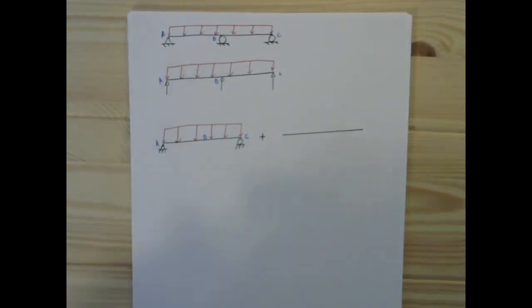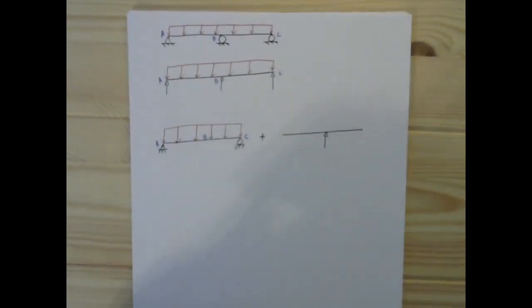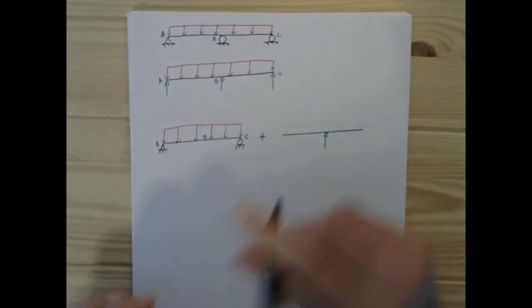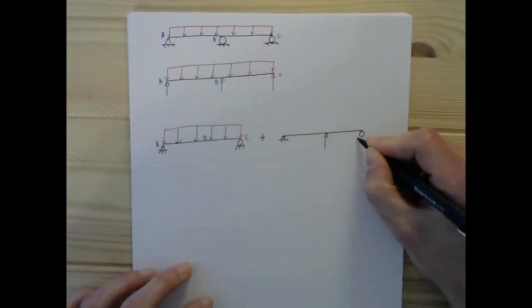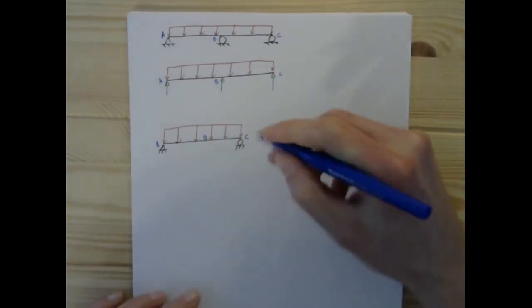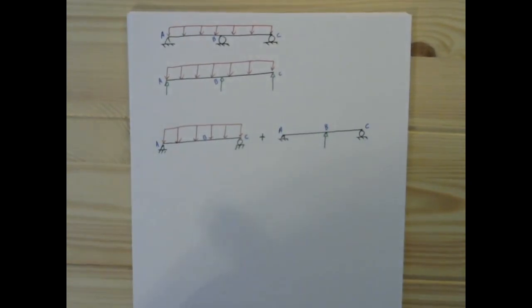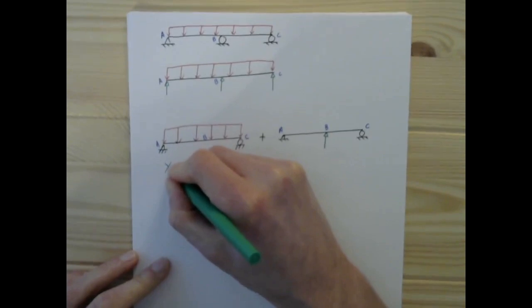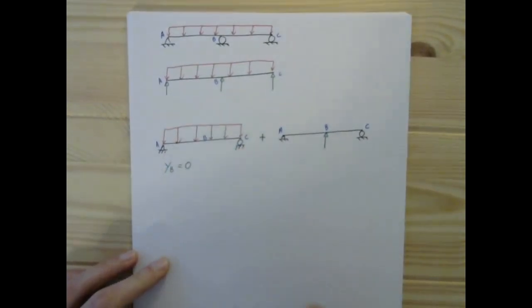And then we just add to that this simply supported beam loaded in the middle at B. We sum these two things, we get the same behavior. So we just need to subject that to y at point B has to equal 0.